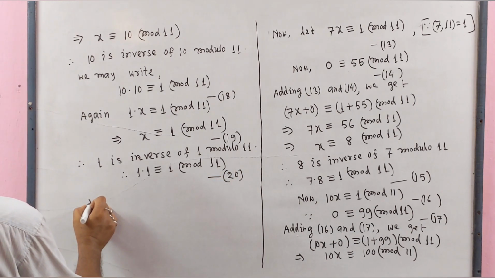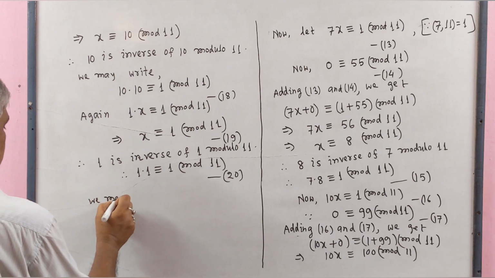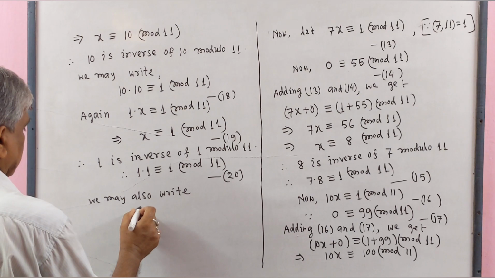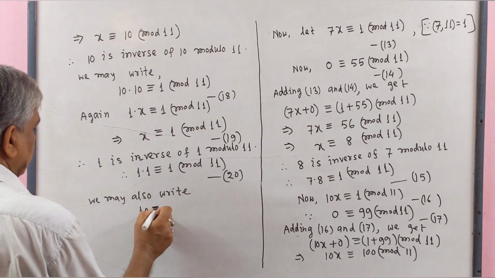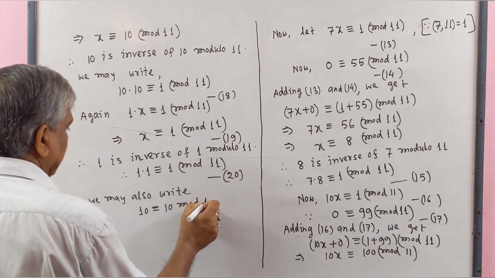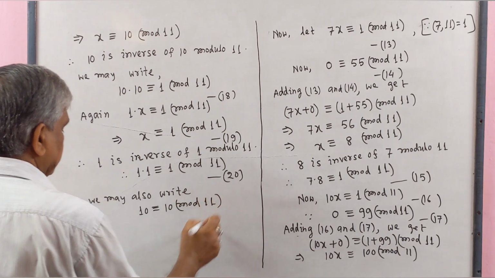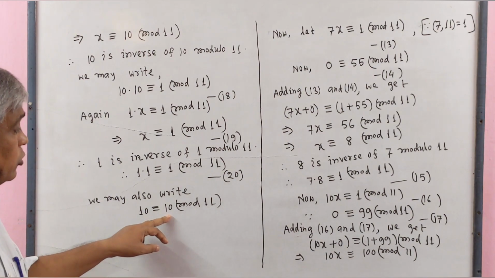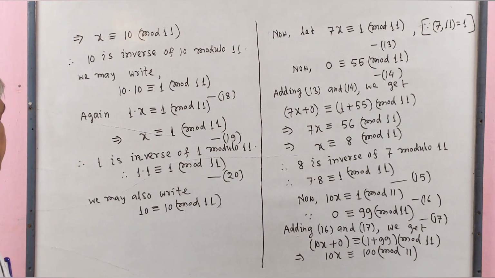We may also write 10 is congruent to 10 modulo 11 because 10 minus 10 equal to 0 which is divisible by 11.